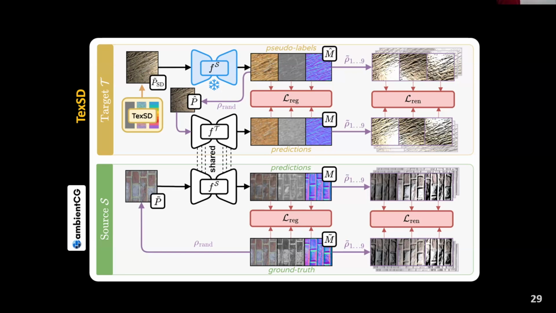The way we do that is by leveraging some pseudo labels about the intrinsic decomposition, virtually rendering different lighting, and penalizing this. I can go into the details later in the questions if you want.